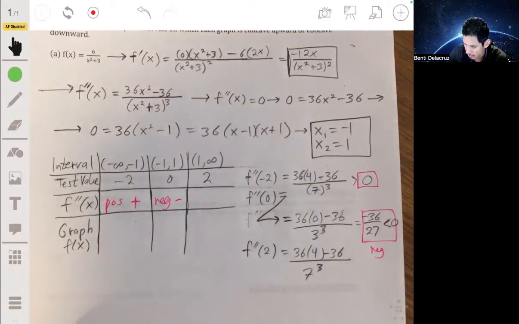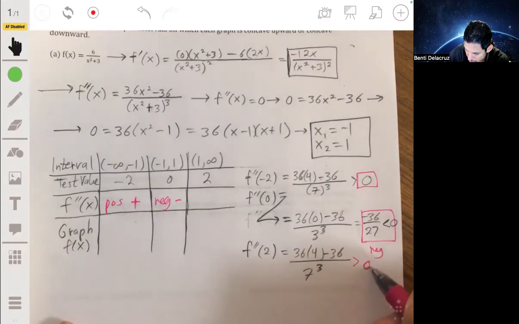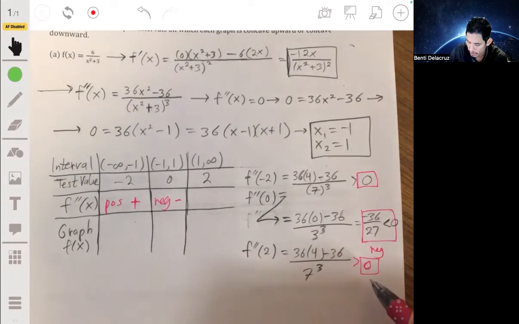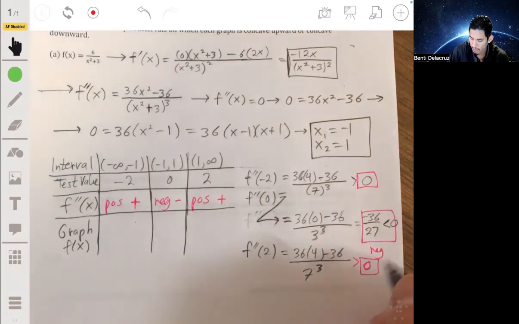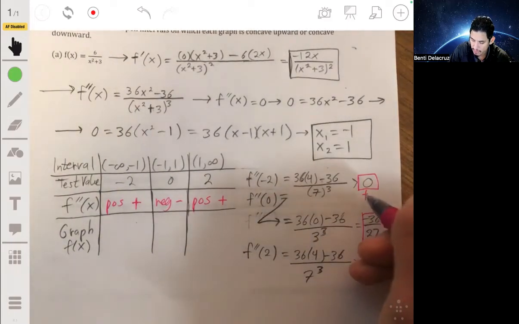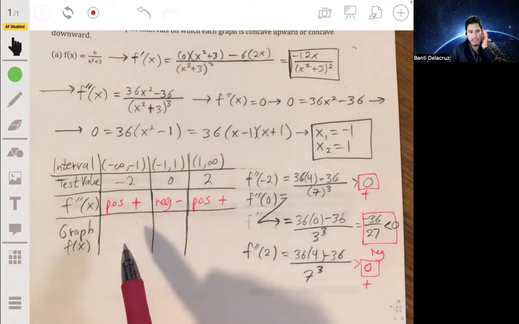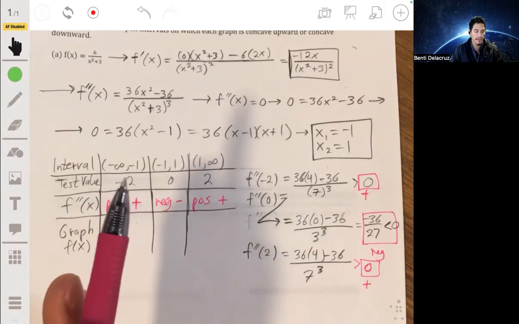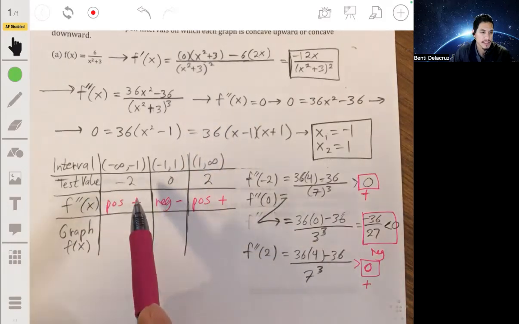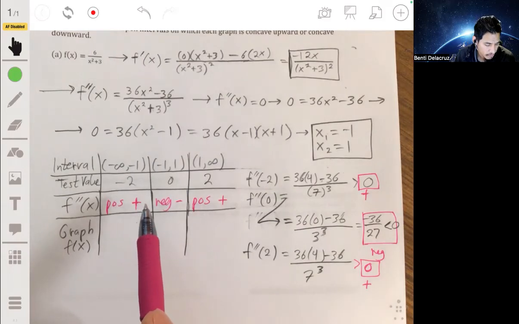So this is a positive number greater than 0. So positive there. Positive, positive, negative.